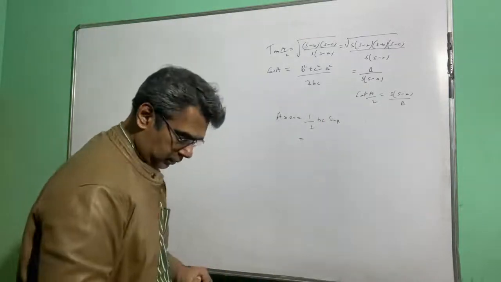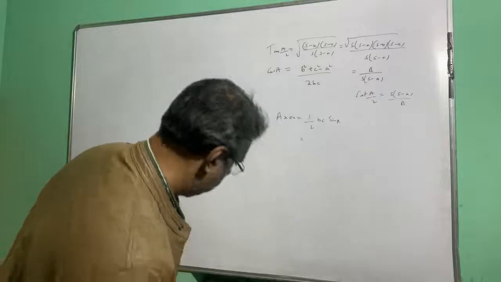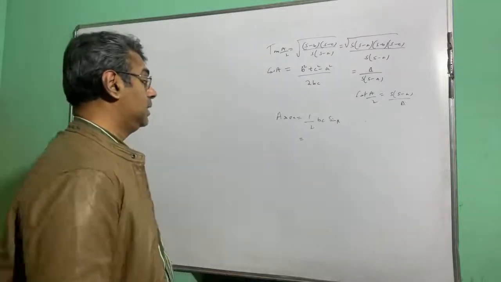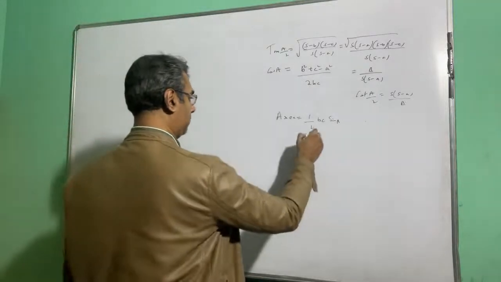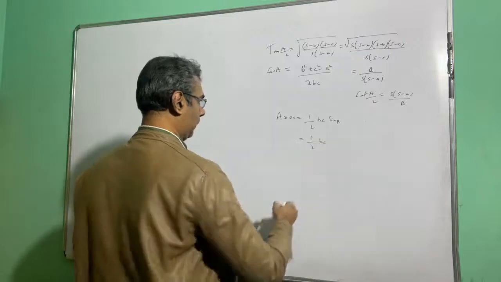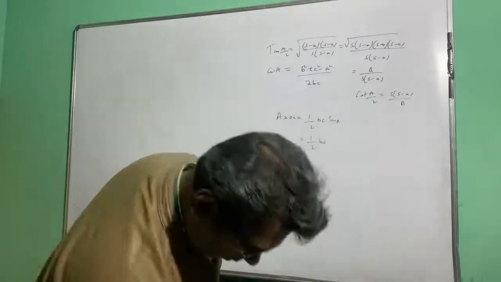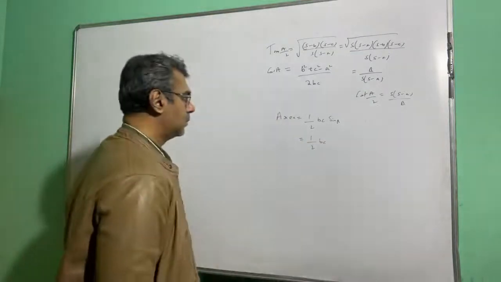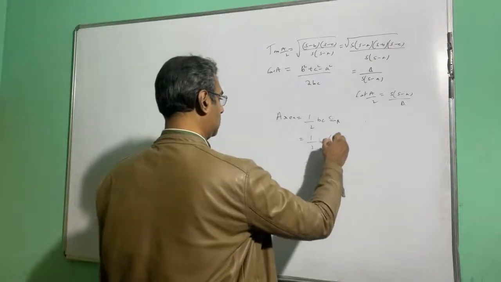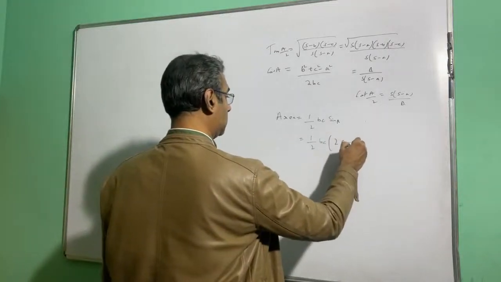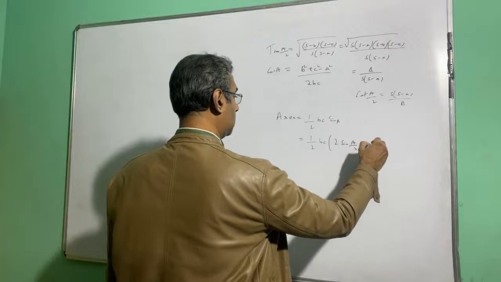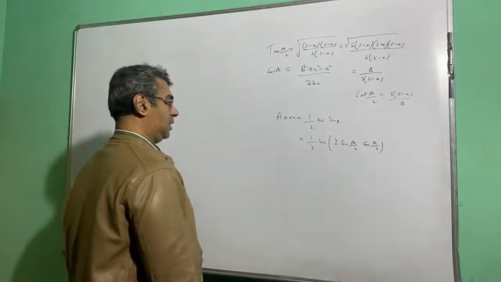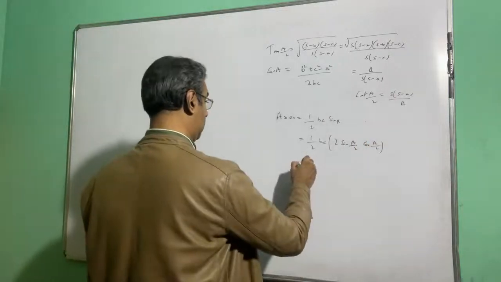Okay, so all of you know that area of a triangle is half bc sin A. So sin A is 2 sin A/2 cos A/2.